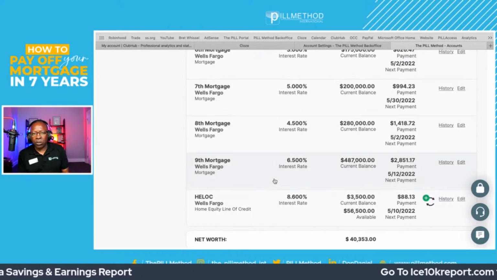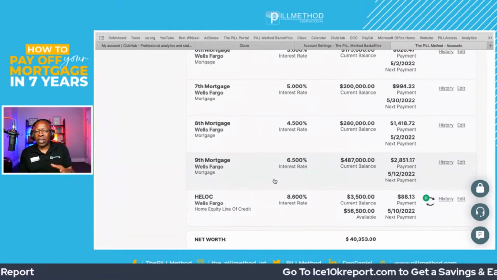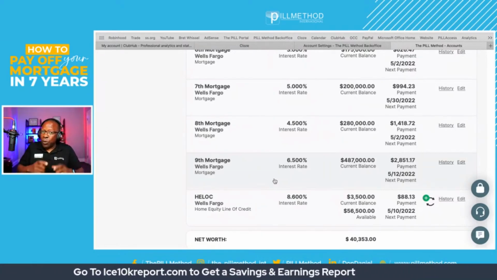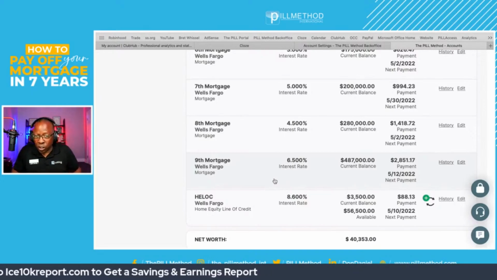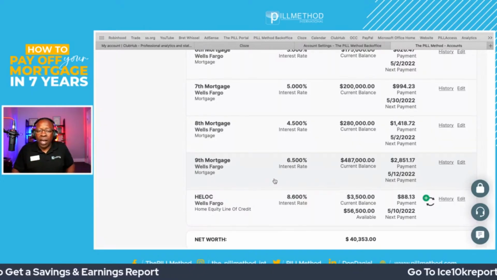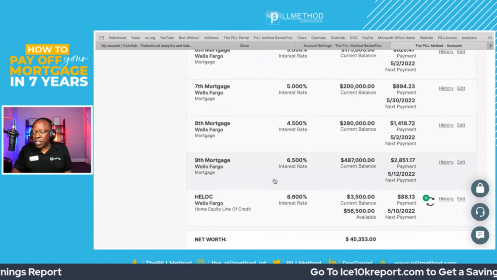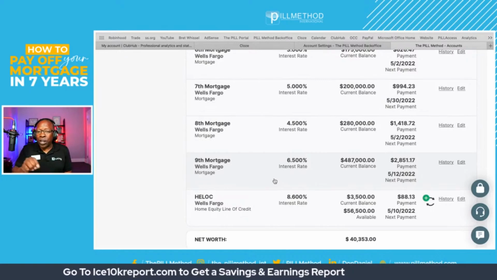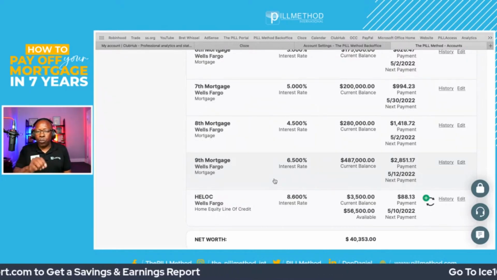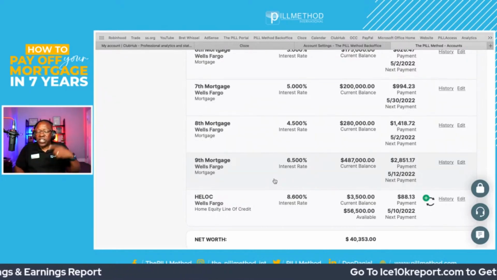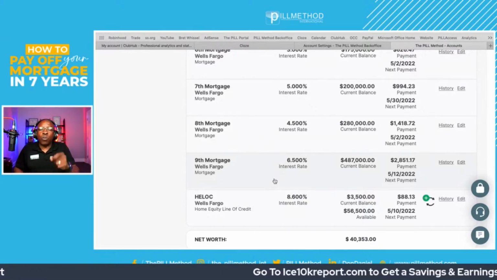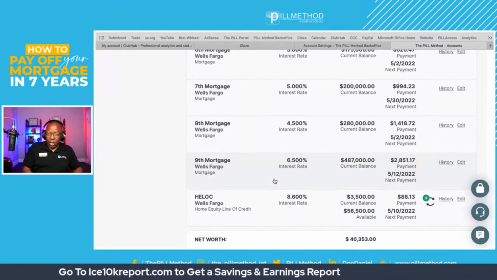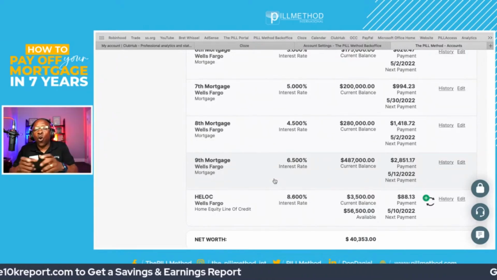If your interest rate is 6.5% and you know what to do, if you have this program, our training, our education, which we provide for all of our clients, you're going to find out that the 6.5% interest rate is better for a real estate investor than 2.99%. 6.5% is better than 2.99% if you want to gain equity faster and pay less interest overall, if you know what to do.